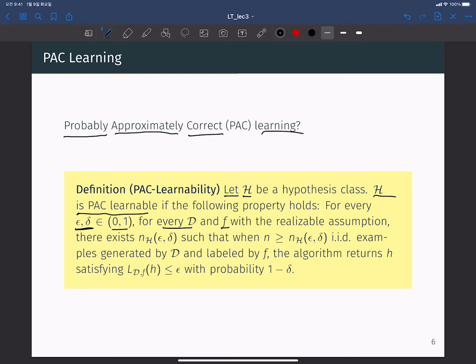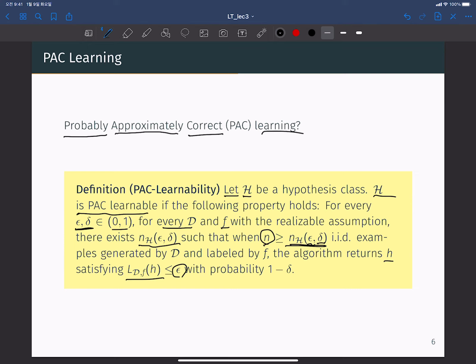Then there exists some sampling bound such that when the number of samples for your training is bigger than or equal to this sampling bound, which depends on the constants epsilon and delta, then for IID examples generated by this distribution D and labeled by f, the algorithm returns h, the empirical risk minimizer h, satisfying the test error is less than or equal to epsilon with probability 1 minus delta.